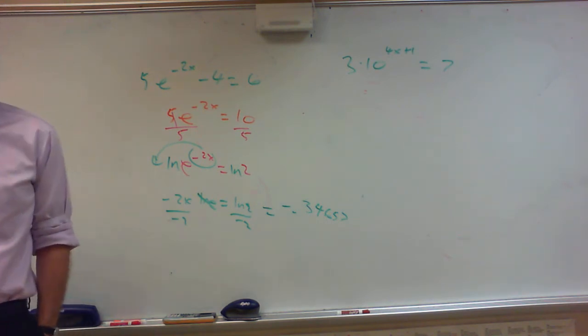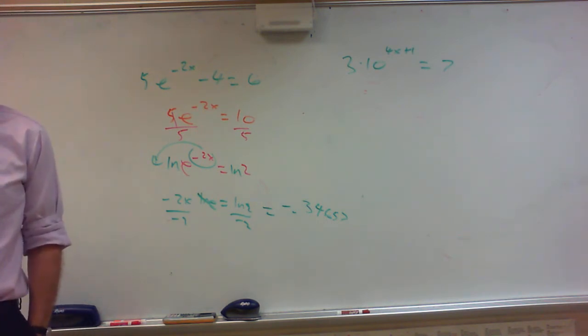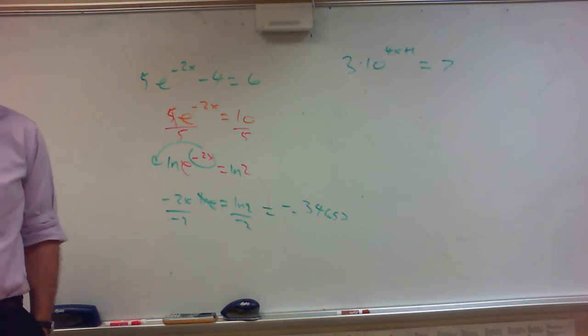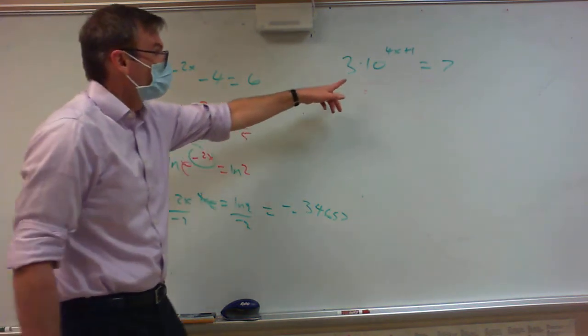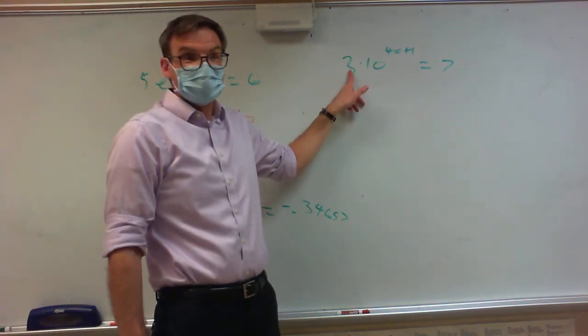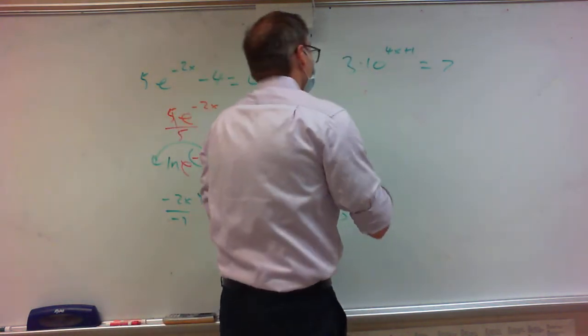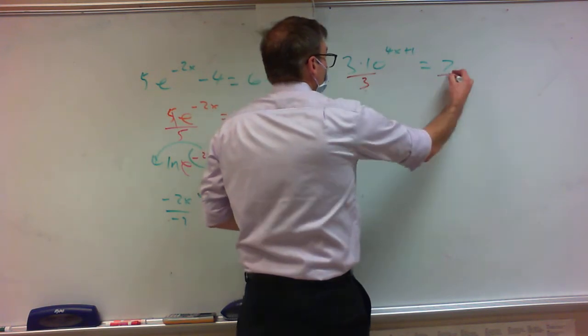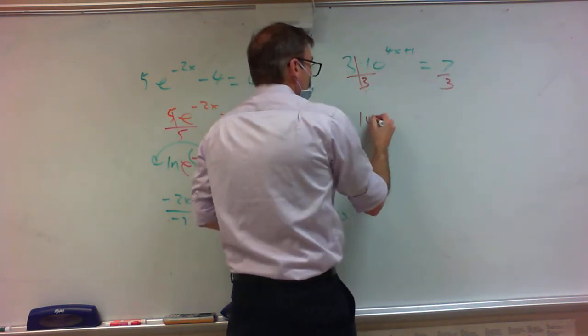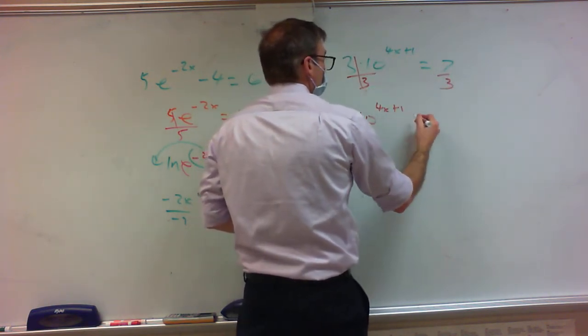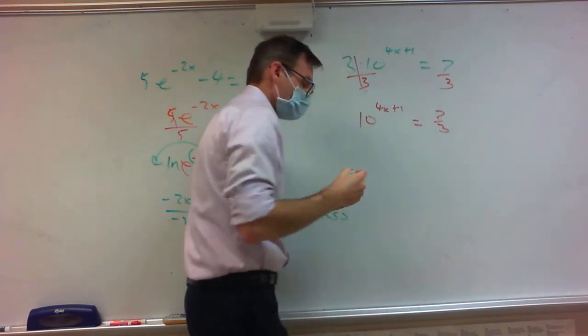Well, first, what do you do? Is it equal to log of this now? Not yet. Divide by 3. Remember, you gotta get rid of the 3 that's in the way. Everybody see the 3's in the way? So I get rid of the 3, and then I get 4x plus 1 is equal to 7 over 3.